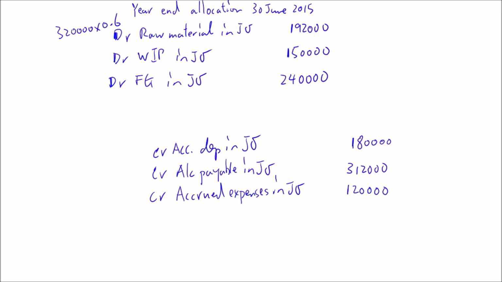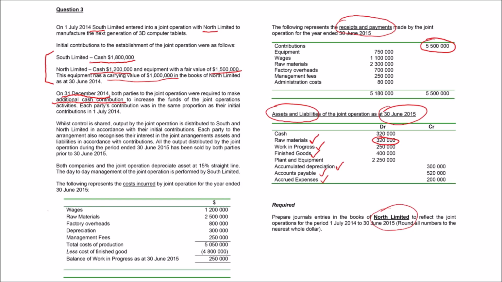How about the other numbers? We have to work out those one by one. So the next one we want to look at is plant and equipment. How come we can't use the number directly on there? In this question, we got 2.25 million on the statement. So why can't we use it directly? The reason is because initially, one of the joint operators has already contributed $1.5 million worth of equipment.